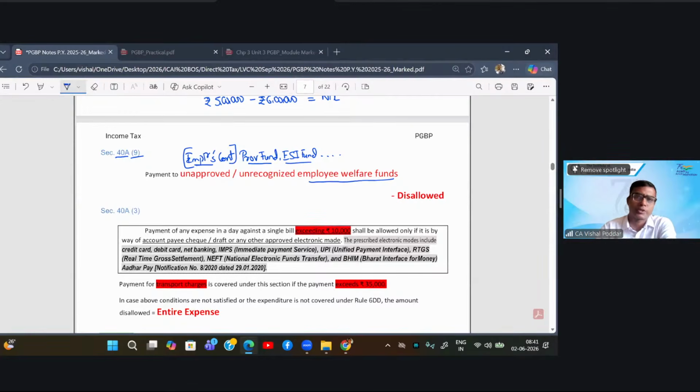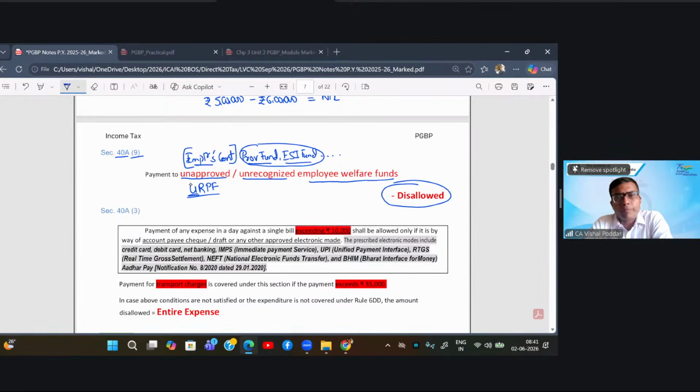However, what is the restriction? Now in salary chapter, you have studied this. Provident fund can be RPF or URPF. Now, if you are having a URPF, that is, an unapproved or unrecognized fund, then whatever payment you have made to an unrecognized fund will be disallowed.